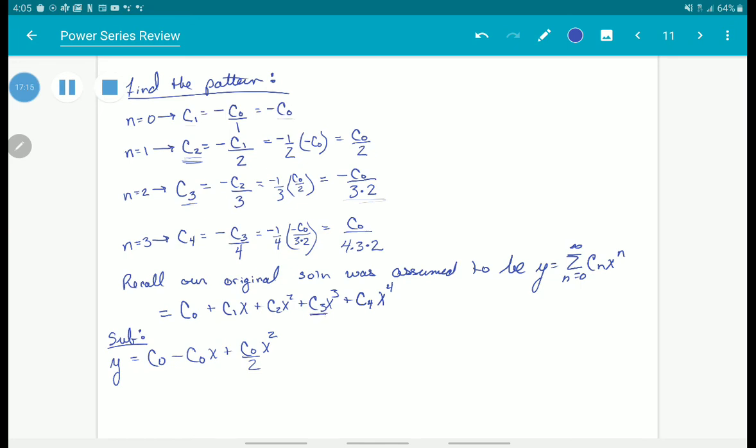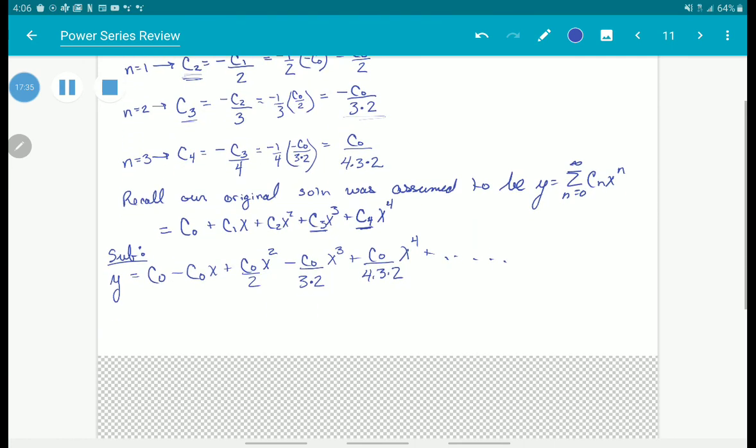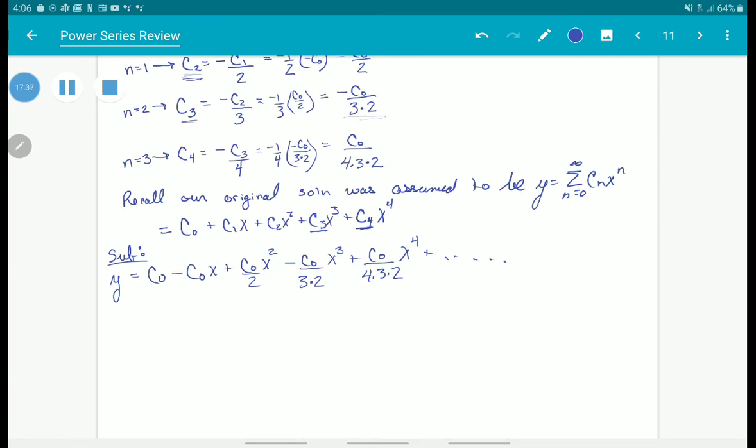We said c3 was negative c naught over 3 times 2. And then we said c4 was c naught over 4 times 3 times 2. And then so on. So let's see if we can write this in terms of some kind of summation. Notice all of these have that c naught in common. That was our goal.